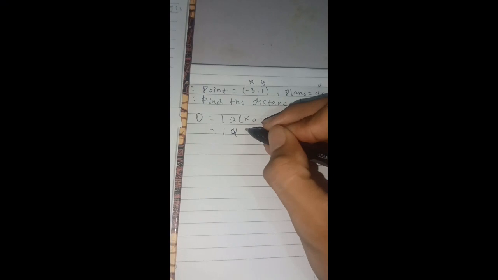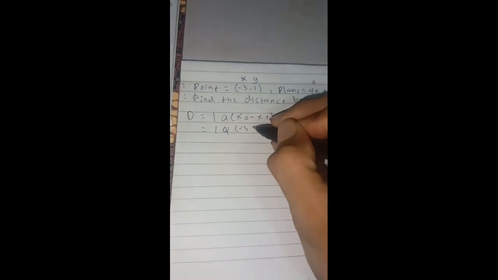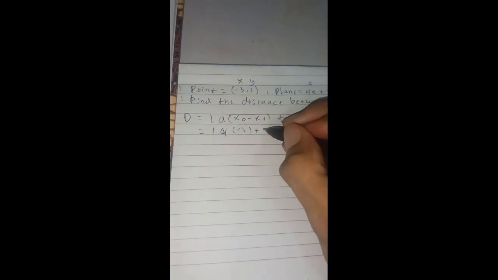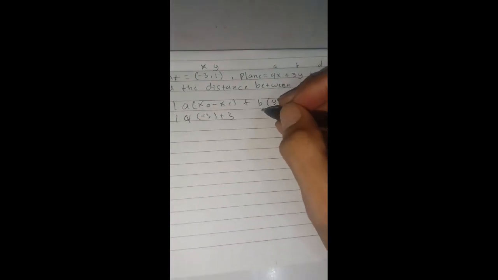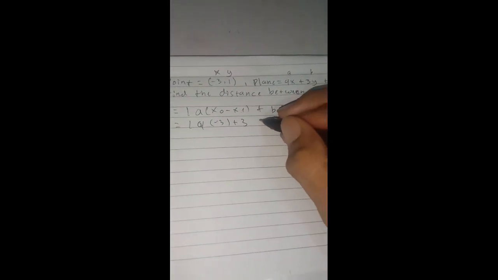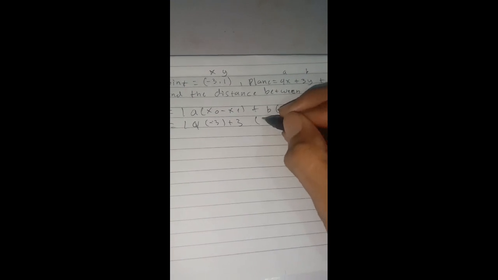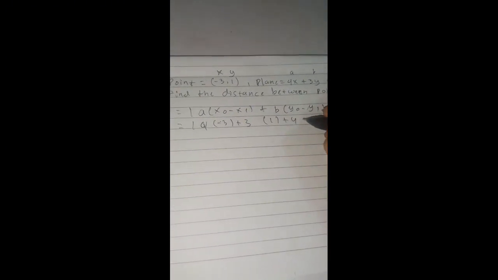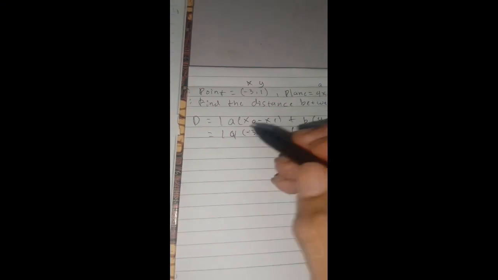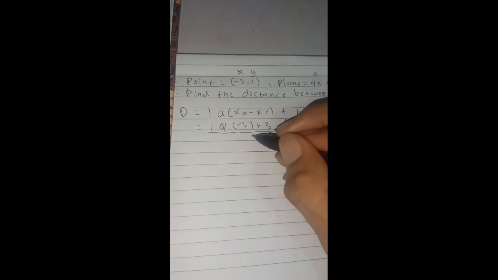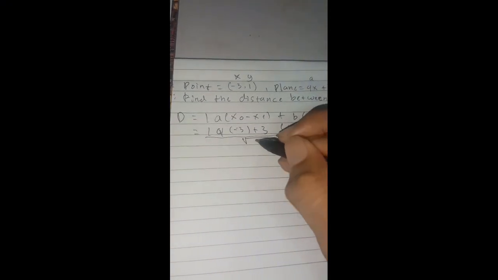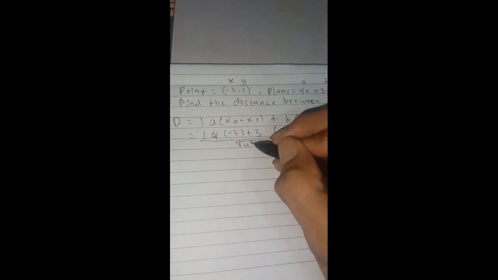This is 4 times (-3), plus 3 times 1, plus 4, divided by the square root of a power 2 plus b power 2.